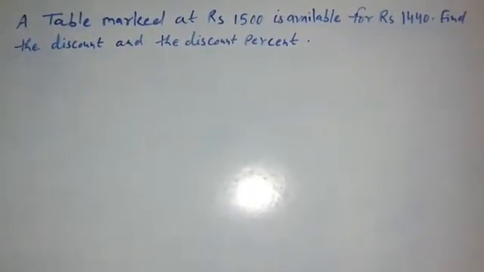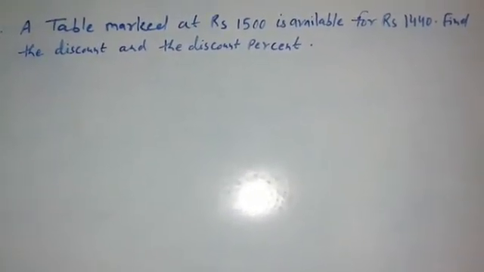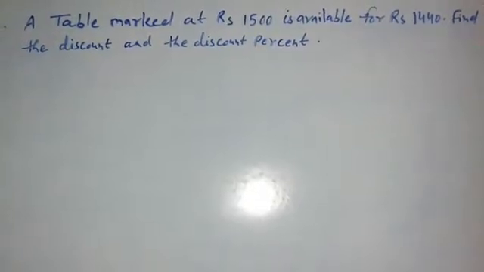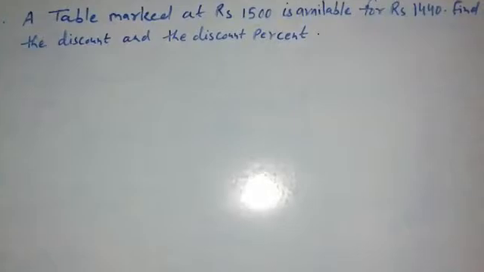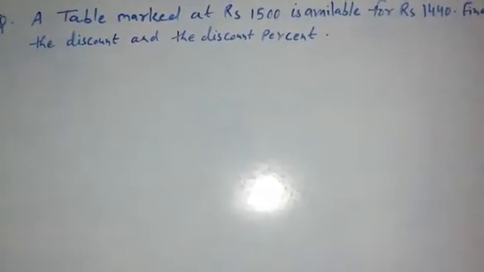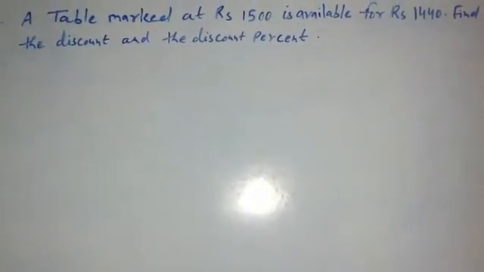Then find the discount and the discount percent. This is the question. In this question we have to find the discount and discount percent. Let us see how we can solve it.